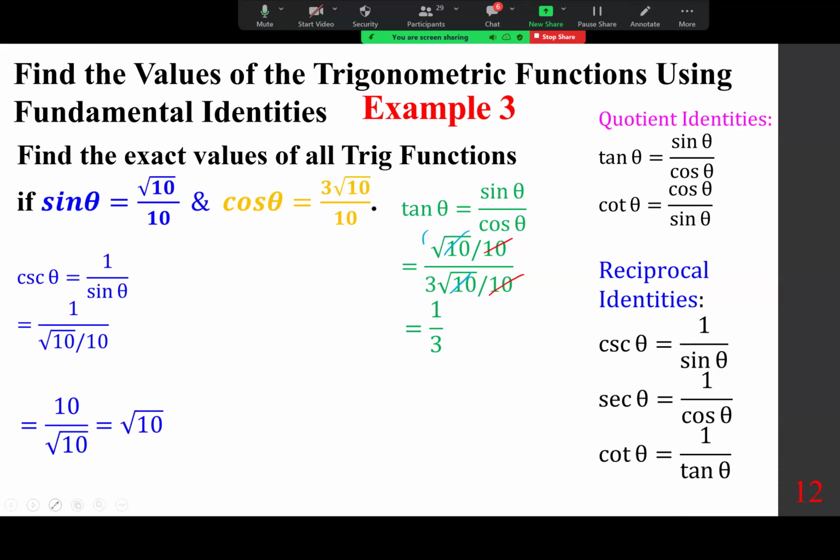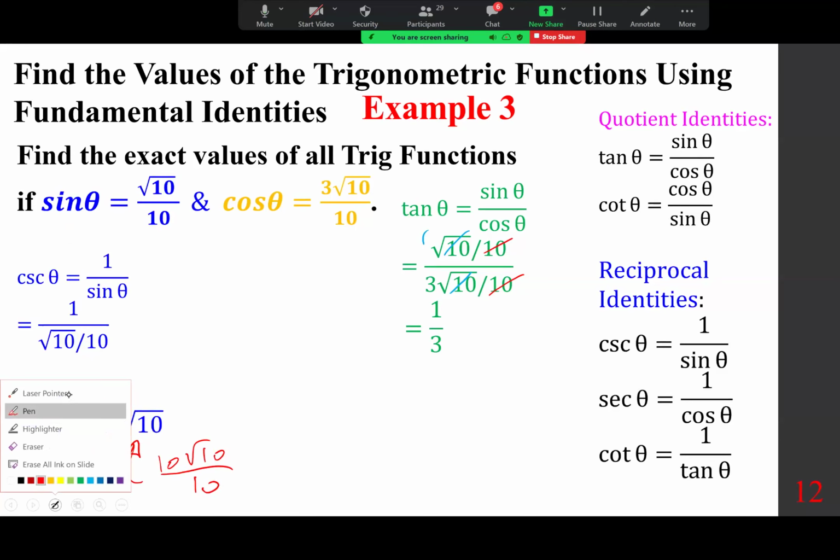If you have doubts, you multiply by square root of 10 over square root of 10, and you get 10 square root of 10 over 10, which gives you this answer. Anyways, that's rationalization.